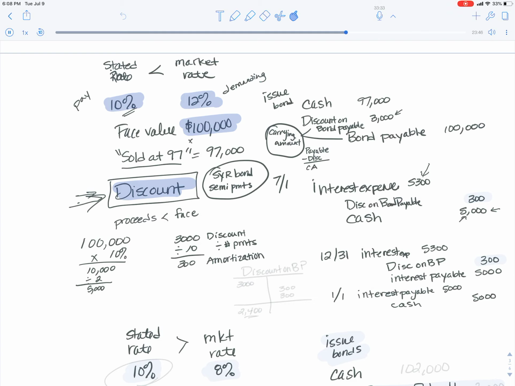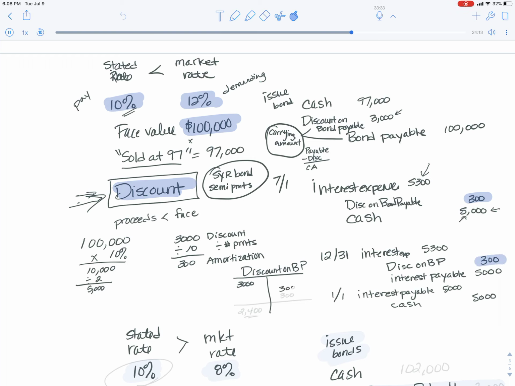Now, after we've made 2 payments, let's see how much is left in our discount account. Discount on bond payable. Well, it had $3,000 in it, and then we took out $300 and $300 twice.